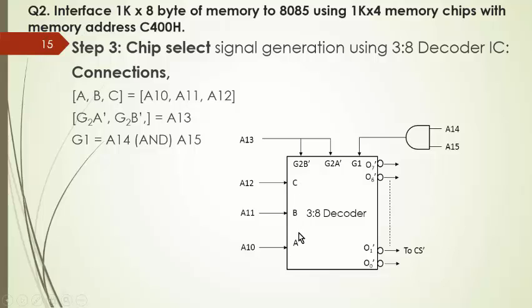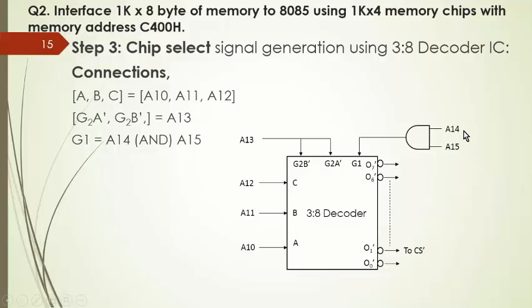We will give these two signals, that is A14 and A15, to a two input AND gate, and the output of the AND gate we will connect to G1. So in this way you have to connect the remaining address lines to generate chip select signal. A10 to A12 go to ABC input. Here the bit pattern is 001, so obviously the first pin of the 3 to 8 decoder gets selected.